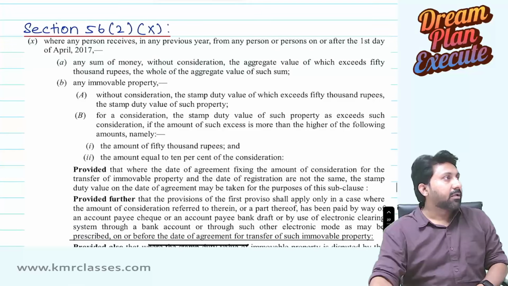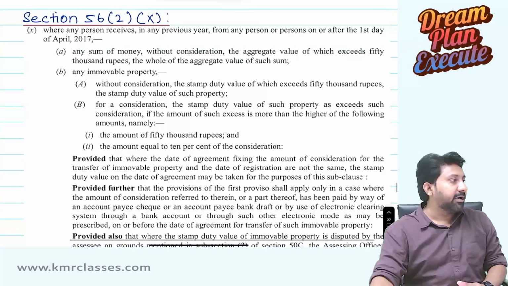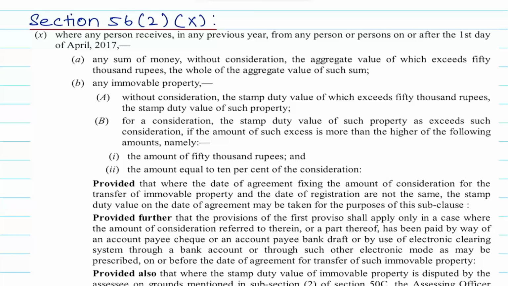Okay, so now it's your time. Read the Bare Act. 56, subsection 2, clause 10, sub-clause A, item A, item B, of sub-clause B, item A, item B, of sub-clause C. Start.